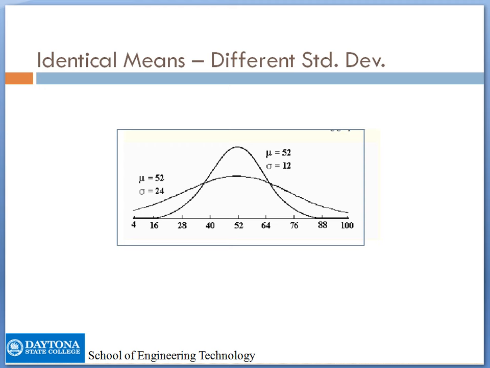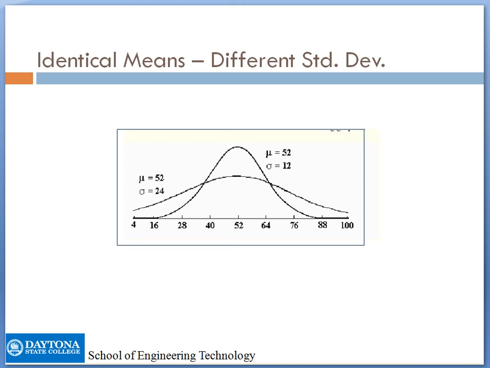That means the average of both distributions is 52. However, the standard deviations are different. One is 24 and the other one is 12.